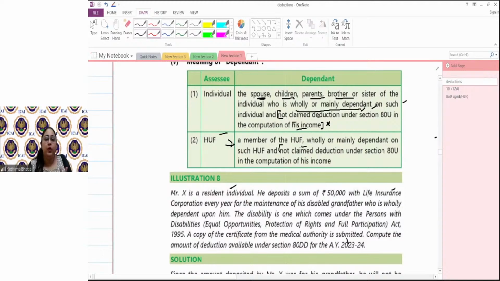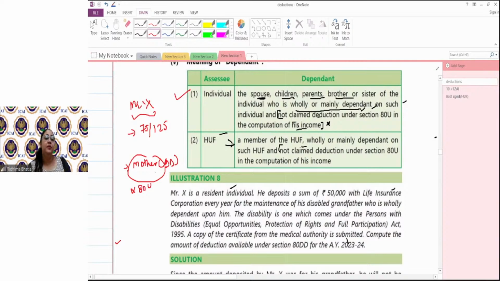So now here the condition of 80DD is that if Mr. X is an individual who is maintaining his mother, who is dependent disabled, then Mr. X can claim a flat deduction of 75,000 or 125,000. Okay, depending upon the disability of the dependent person, provided the dependent person is not claiming 80U.